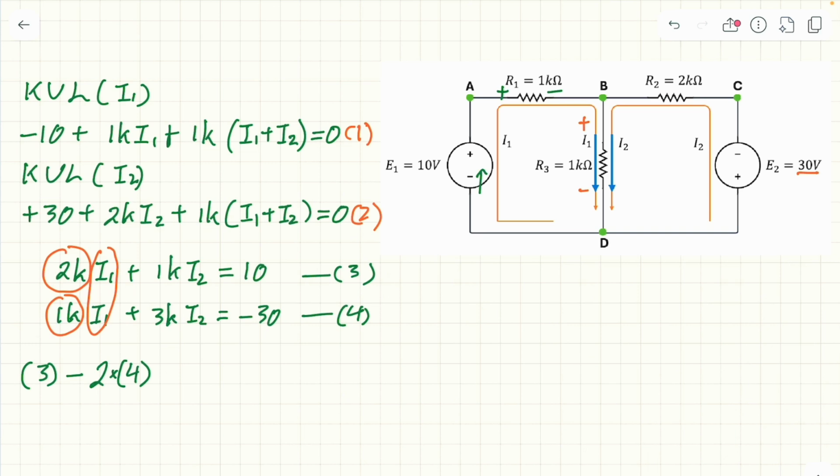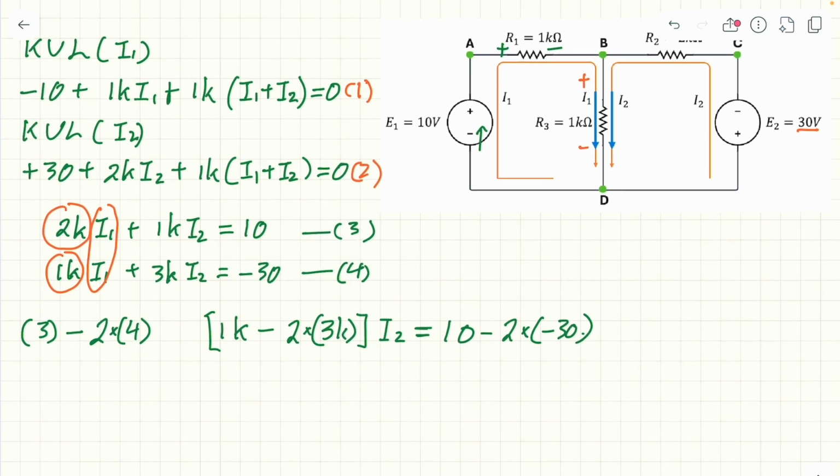So let's look at I2. So 1K minus 2 times 3K, and this is the coefficient for I2. On the right hand side, 10 minus 2 times minus 30.